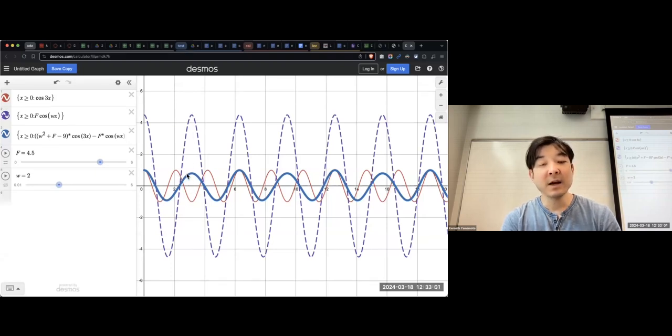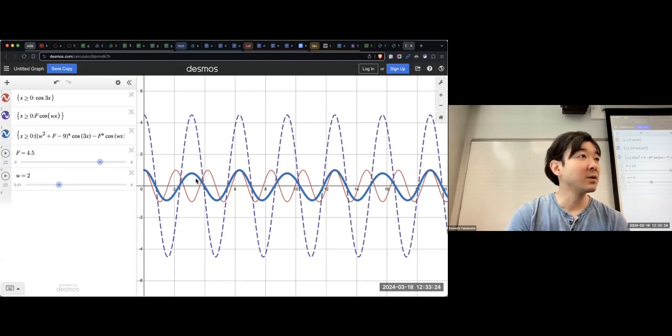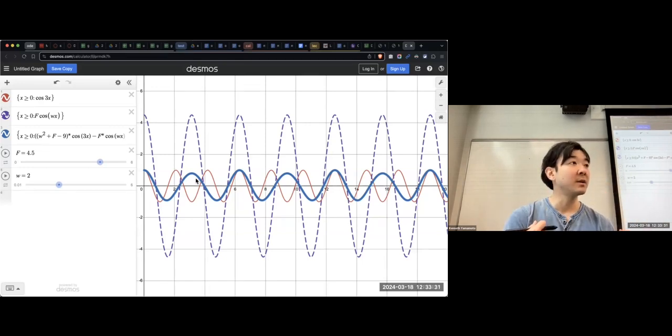There's a kind of destructive interference going on at this moment, where the shaking is pushing the object in the upward direction, while the natural frequency of your mass is saying I want to go down, right? So the blue is just a compromise of those two. The blue is just going to be where it goes based on how I'm shaking it and how the object wants to vibrate.